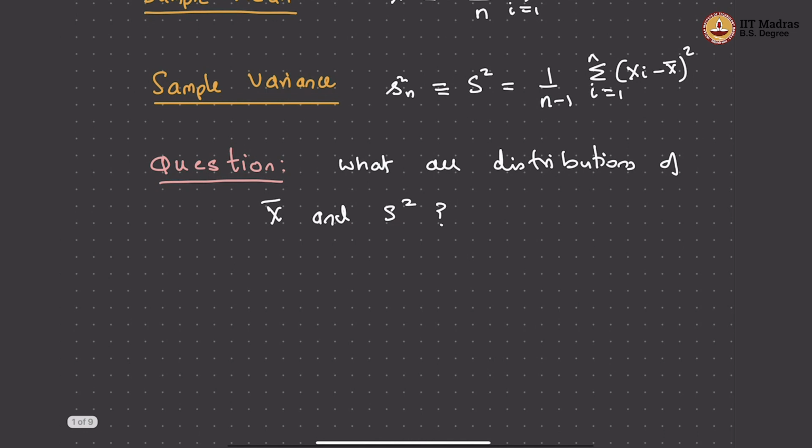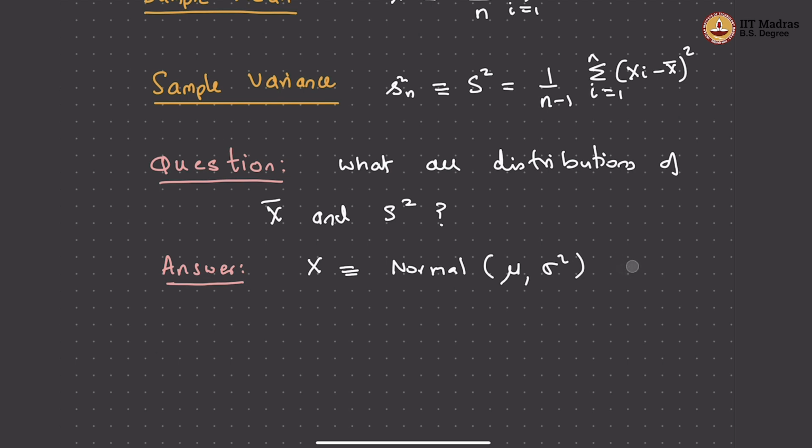So I'll write this down. There is a nice answer when X is normally distributed, let's say with parameter mu and variance sigma squared.